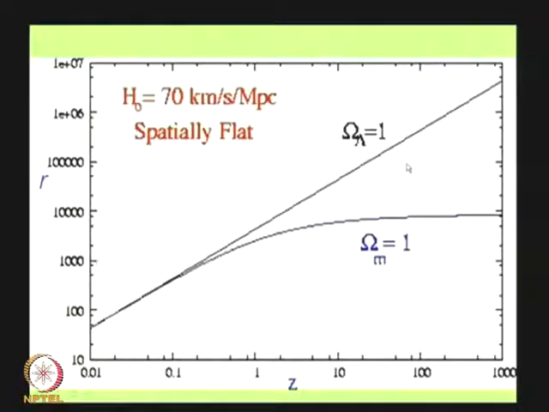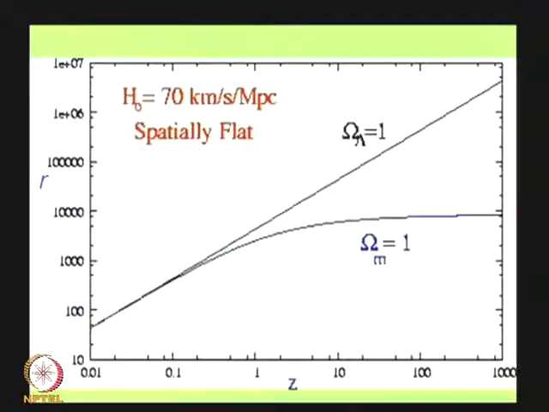So the way the comoving distance varies with redshift is crucially dependent on the cosmological model that we have, through the dependence of the Hubble parameter H on the scale factor. The scale factor has different dependence on time for different cosmological models. Okay.